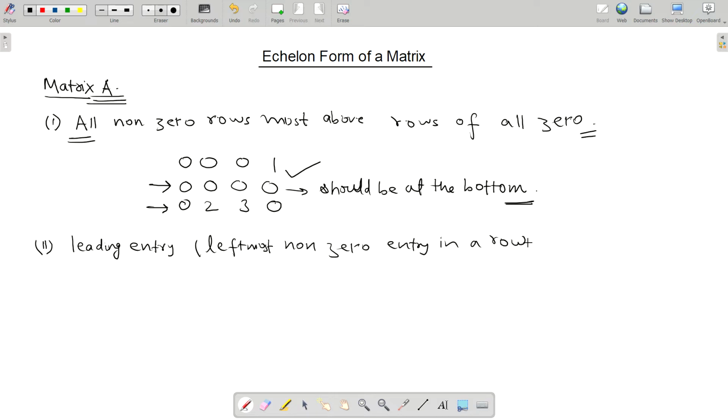For example, if we are given 0 0 2 0 as one of my rows, here the leading element would be 2. If it is 3 0 9 8, 3 is the leading entry. For 0 8 0 9, 8 is the leading entry. So that is what the leading entry is called.